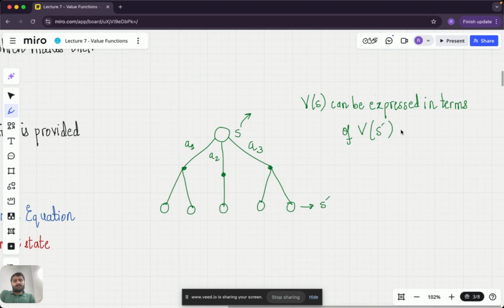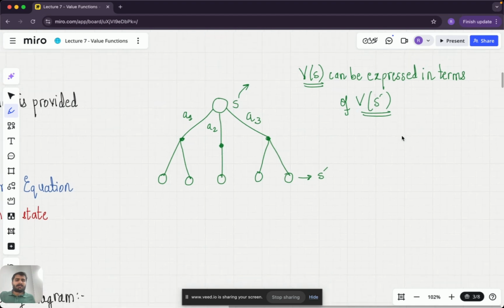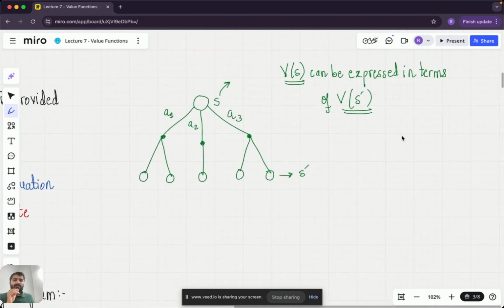And this is the main intuition which the Bellman equation offers us. It says that the value function of the present state can be written in terms of the value function of the next possible states in which the agent can be. Okay, so let's try to understand how that can be written.